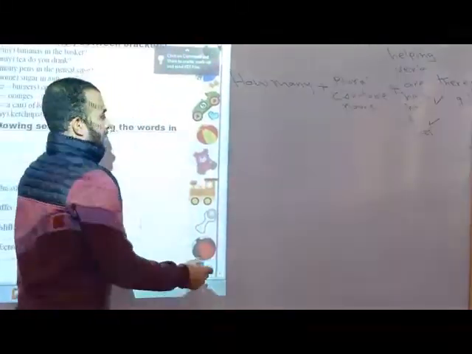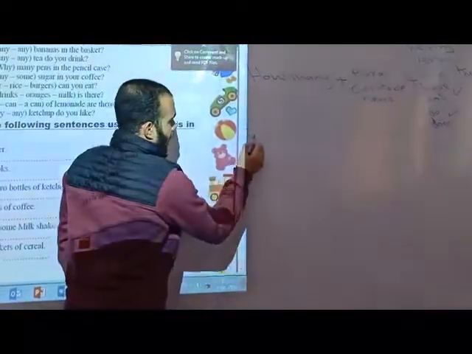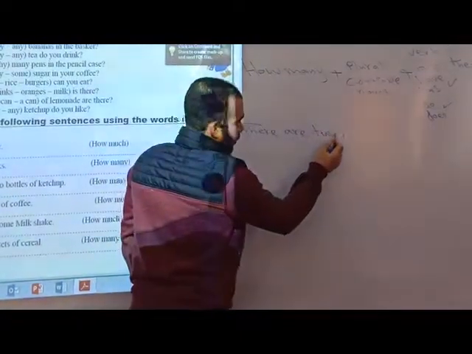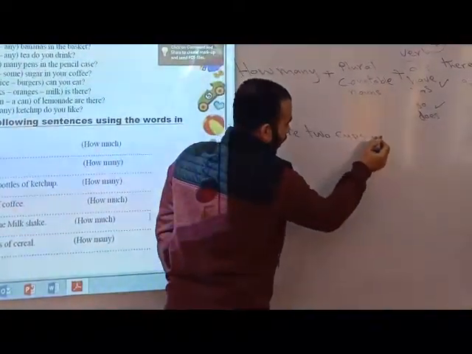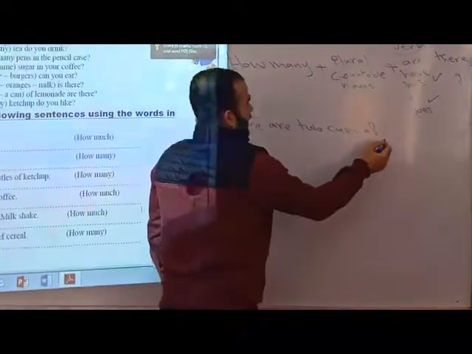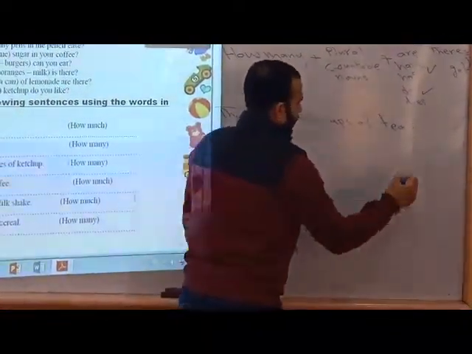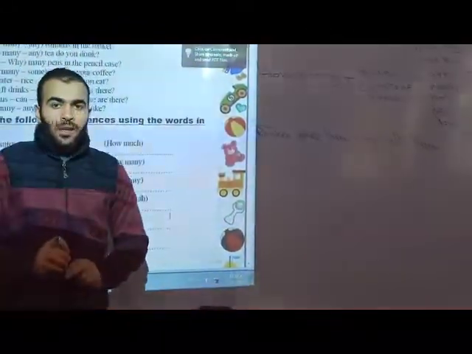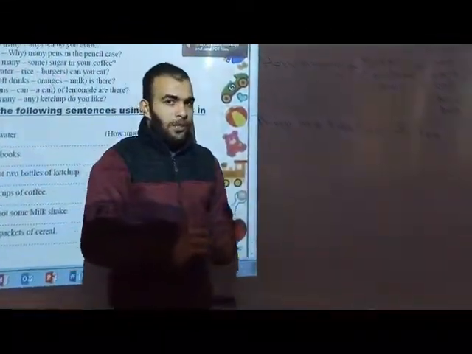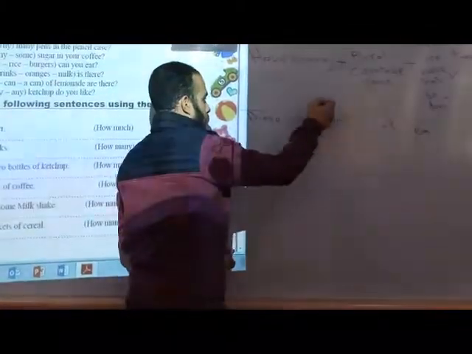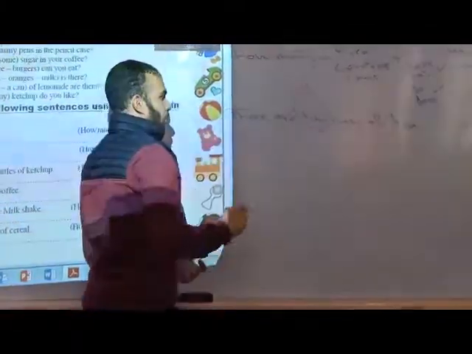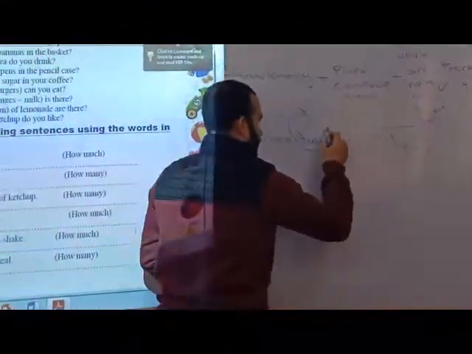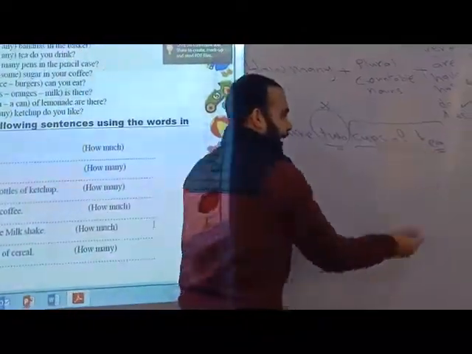Let's take some sentences then. There are 2 cups of tea. Use how many? We use how many to ask about the numbers of something. So the number here is 2. The plural countable noun is cups of tea. Tea is an uncountable noun.